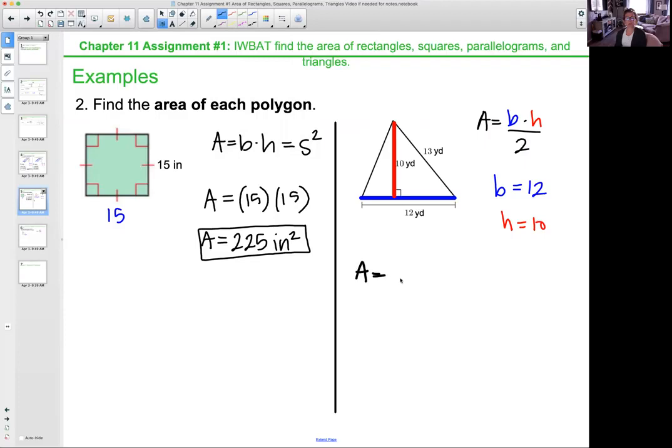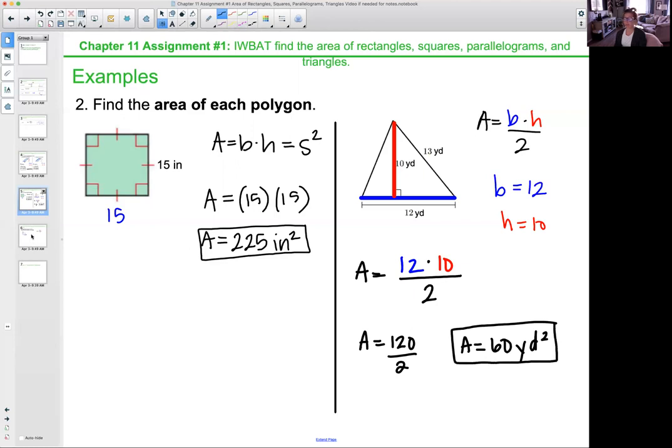Area equals base times height divided by 2, your base being 12, your height being 10. Then just go ahead and simplify. So area is 120 divided by 2, which means that your area is 60. Don't forget your units, in this case, yards squared.